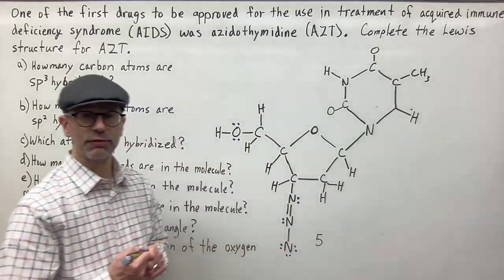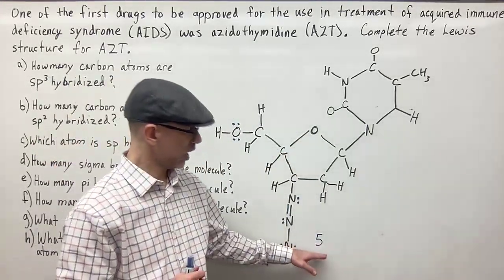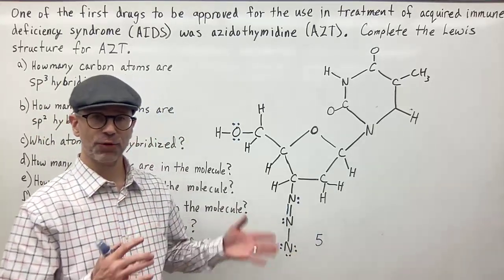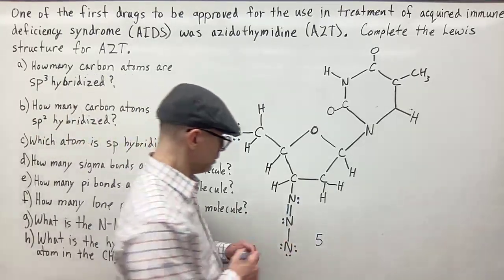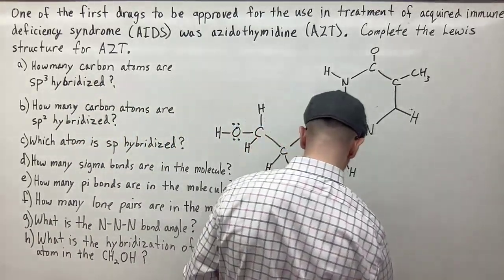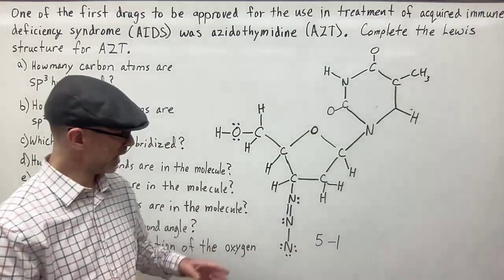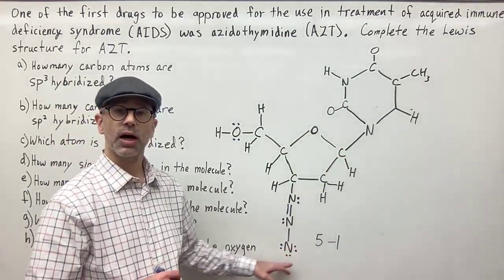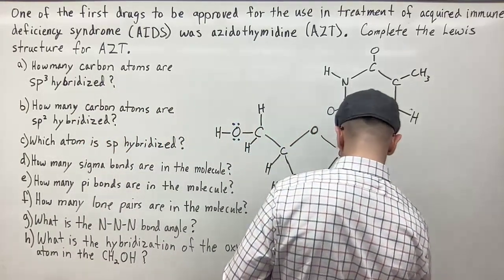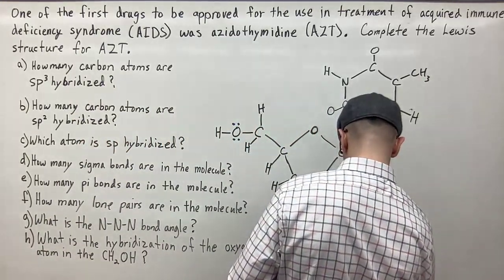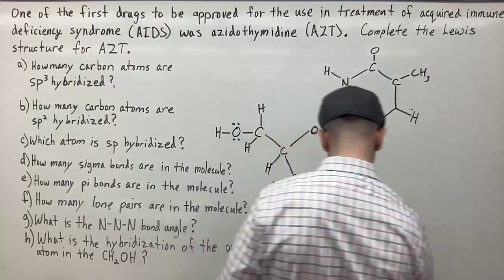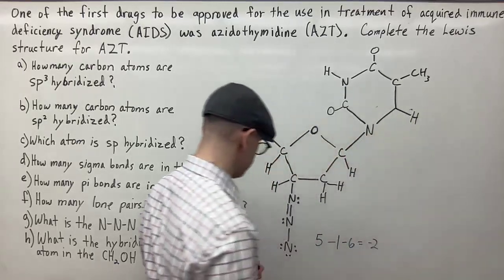Remember, when you're calculating formal charge, it's the number of valence electrons minus 1 electron for each bond. So in this case, we'll subtract 1, and we'll subtract out all of the lone pair electrons. So we've got 6 there, so it's going to be minus 6, which is equal to a minus 2.